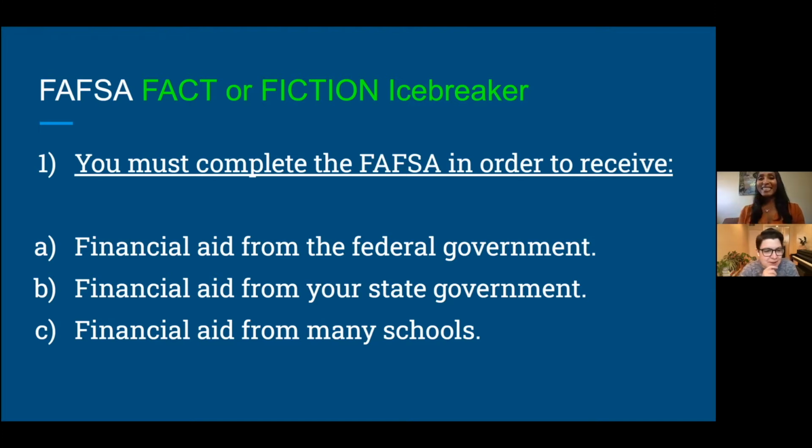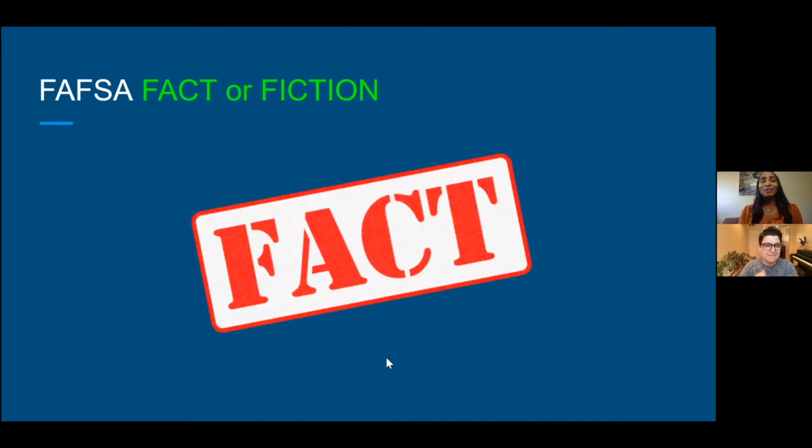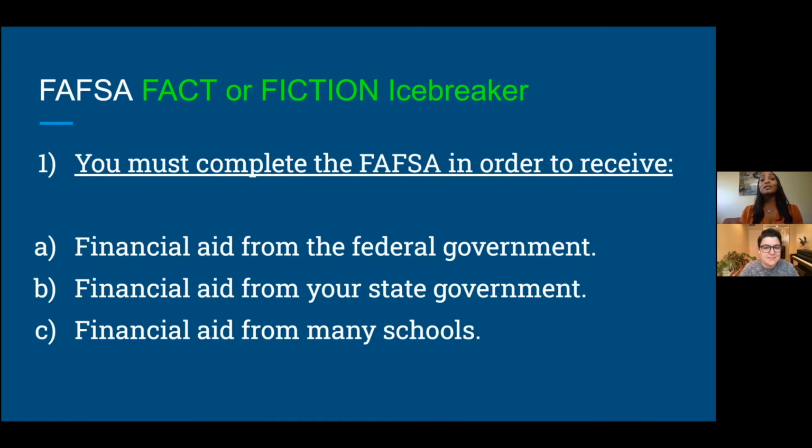All right. So the second F in FAFSA stands for federal, right? So would the answer be A? So this is a fact. You must complete FAFSA in order to receive federal aid, state aid, and aid from your school. So let's back this up.